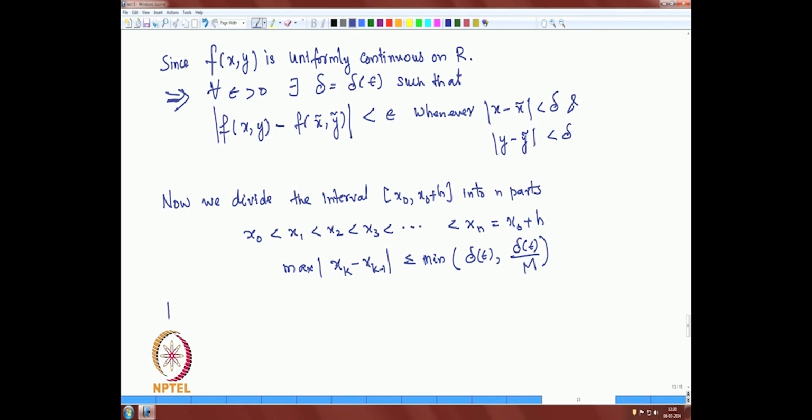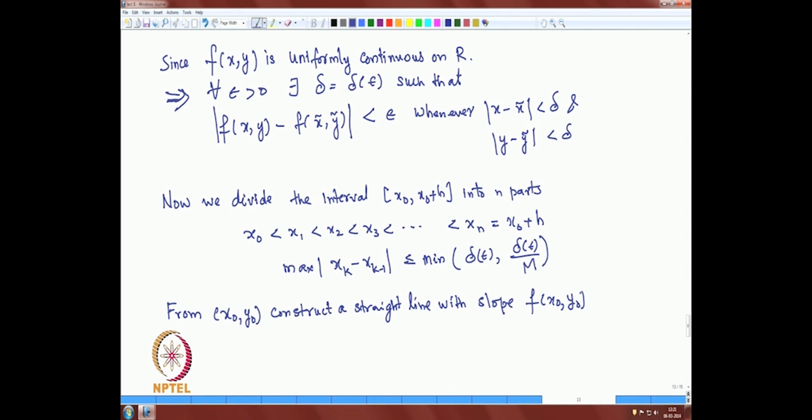So, the procedure is as follows. From x0, y0, the given initial point, construct a straight line with the slope f(x0, y0), which is the slope we get from the differential equation.